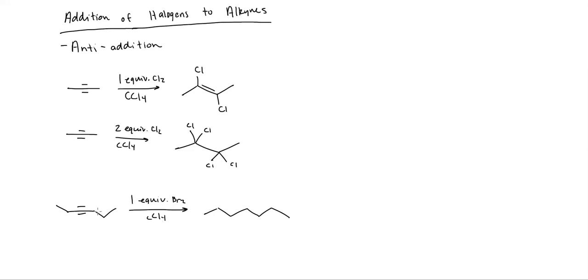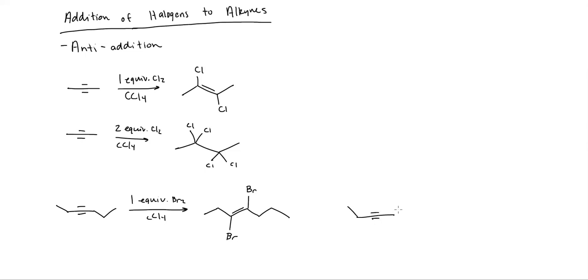Then all we do is we draw the double bond on carbon 3, so 1, 2, 3. And then we just make sure that the bromines are trans from each other. And that's it.